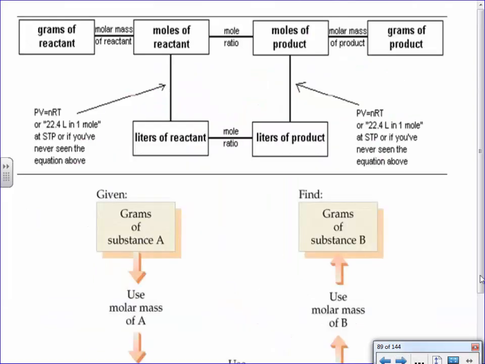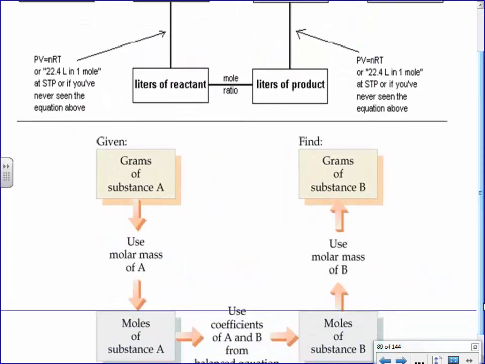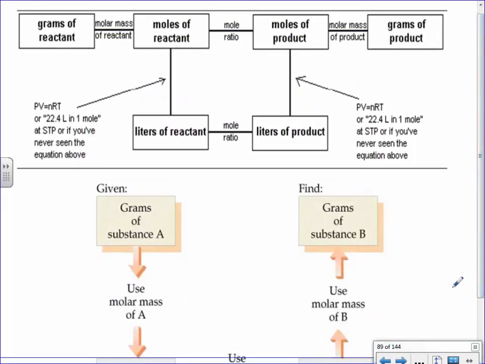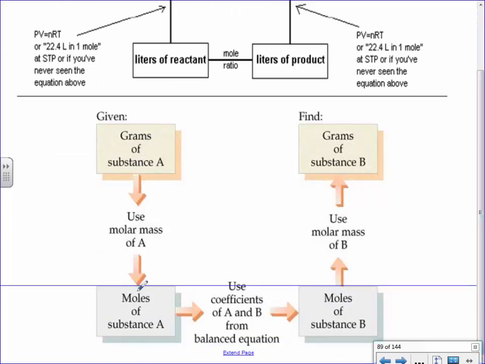So I put this slide on here to remind you of the process by which we're doing things. It's really a stoichiometric process where you need to go from here to here to here to here, only this isn't exactly the way it works. It's not going grams to moles to moles to grams. It's more like this. You have liters.